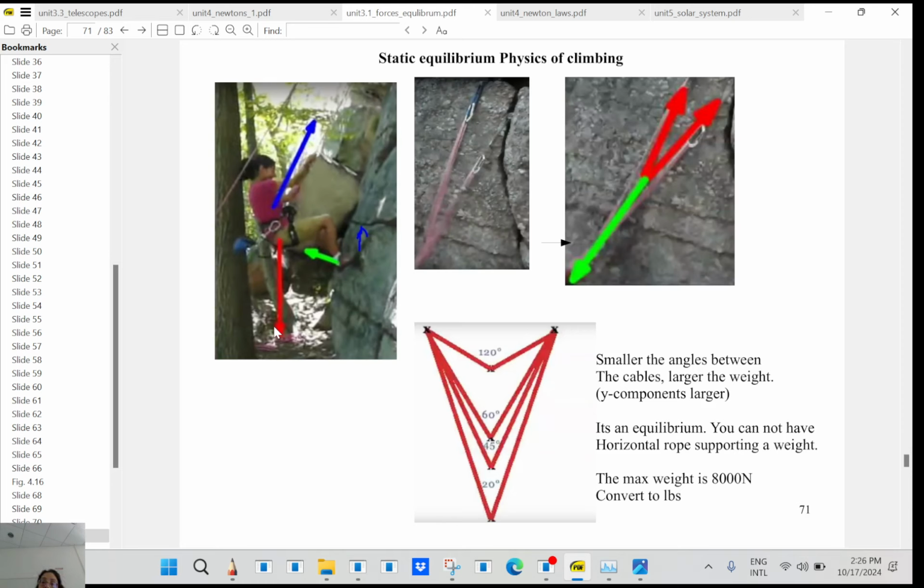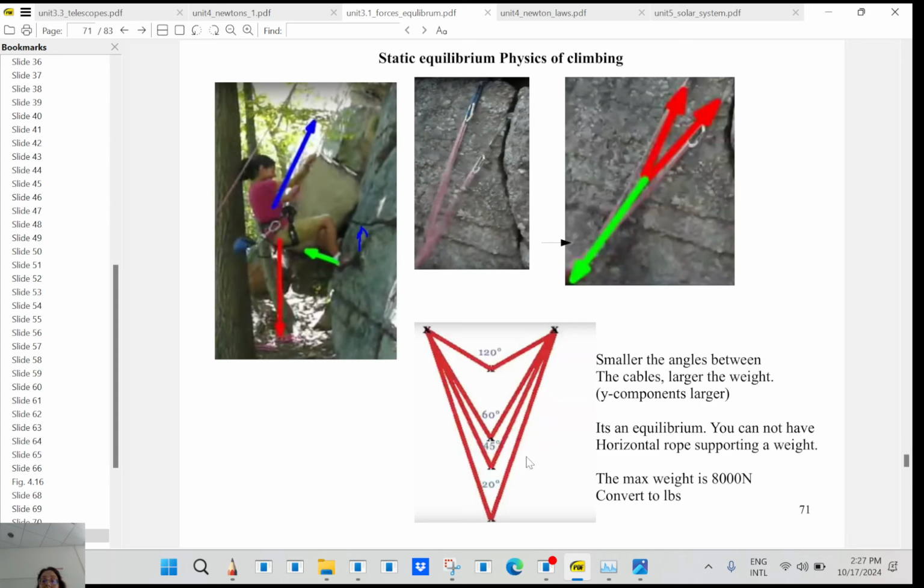So you see those special ropes for climbing, they need to support a lot of weight. Okay. So which one will make more sense? Do you think this one will have more load or this one? The one with 20 degrees or 120? 20, right? So 20 means it's going to support more load. Why is that?